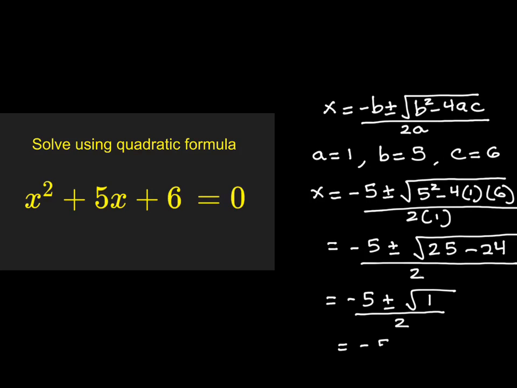And the square root of 1 is 1, right? So now x is equal to negative 5 plus or minus the square root of 1, which became 1.